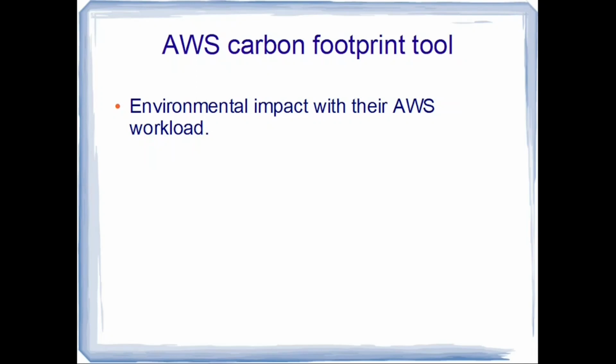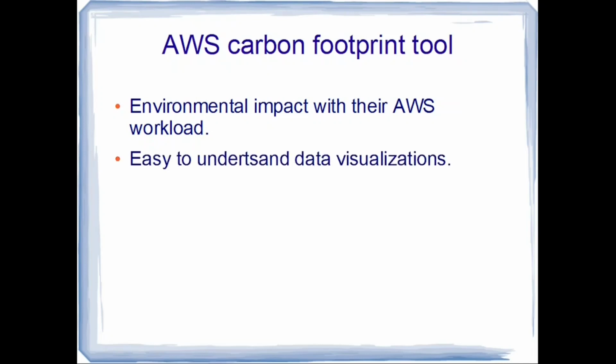Whatever services they are running are consuming energy, electricity. Whatever tools they are using from AWS, like EC2, S3, everything has environmental impact. So customers can see and calculate their environmental impact.